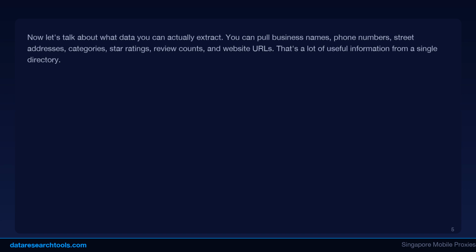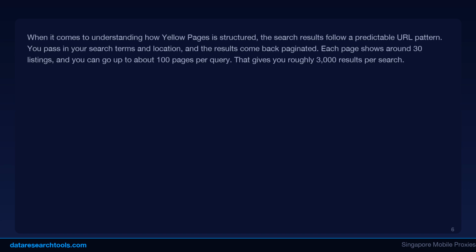Second, proxy routing. The request is forwarded to the proxy server, which may apply rotation logic, authentication, and geo-targeting rules. Third, target connection. The proxy server connects to the target website using its own IP address, masking your origin. Fourth, response relay. The target's response is sent back through the proxy to your application.